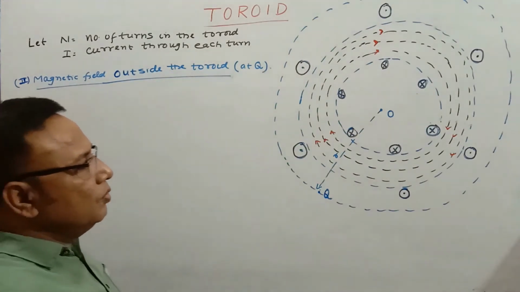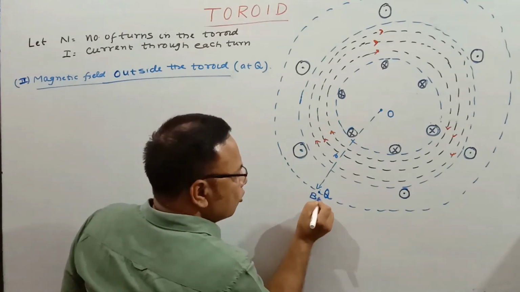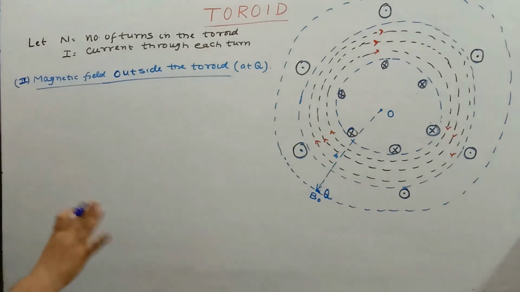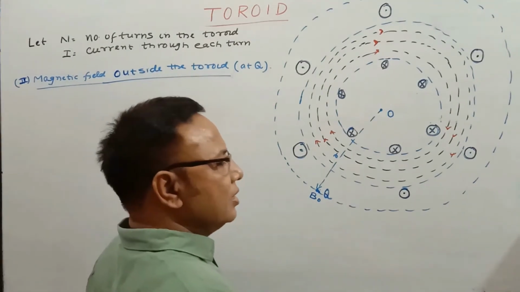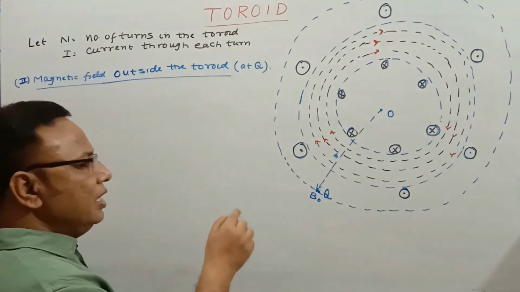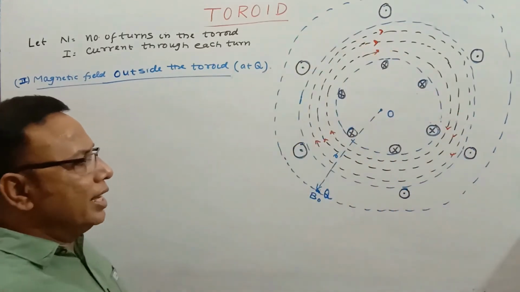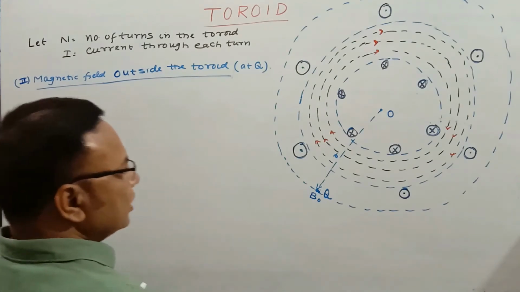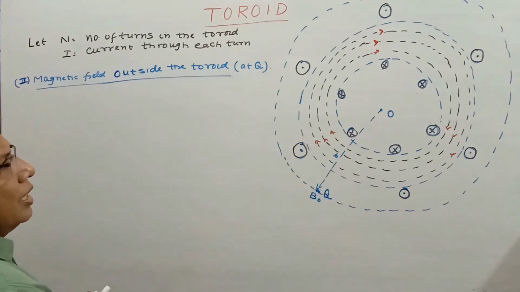Now, if you see here the magnetic field, say B0, as per the symmetry of the toroid and the arrangement of wire, whatever turns are there, due to symmetry we can say the magnetic field on this particular Amperian loop is always constant and tangential. Whatever is there should be constant on the Amperian loop due to symmetry.